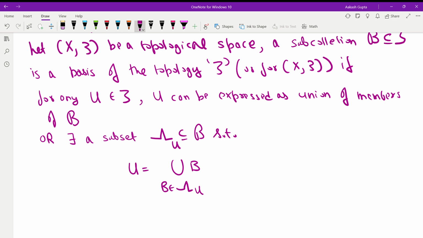We have done these things, okay? So basically, a subcollection of a topology is a basis of that topology if you can express every open set as a union of some members of that subcollection.